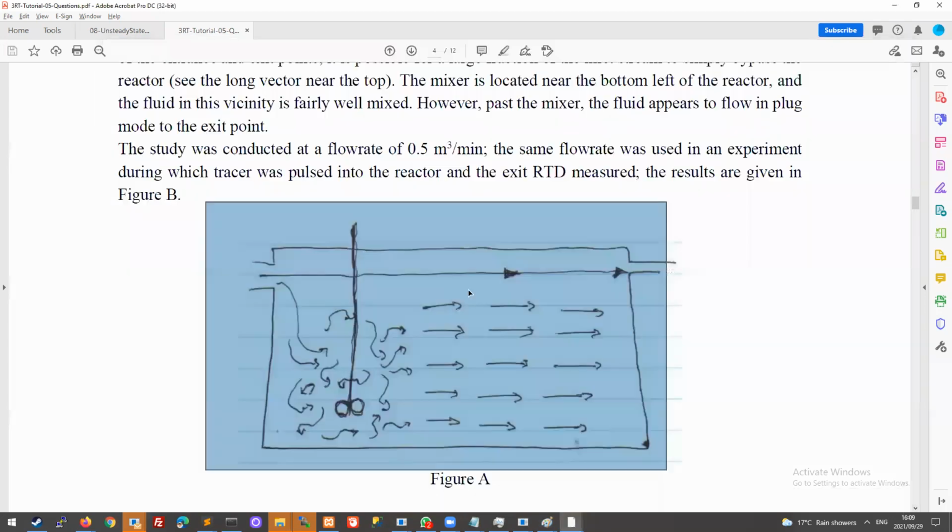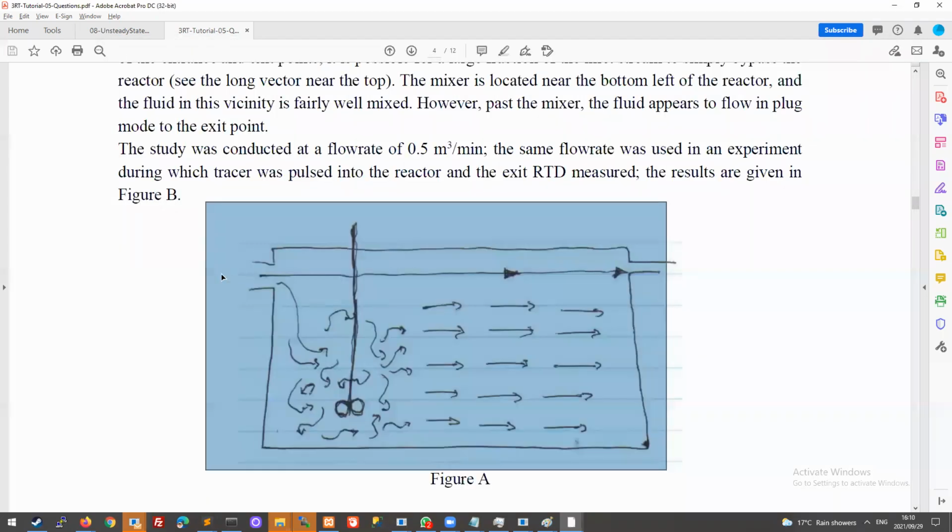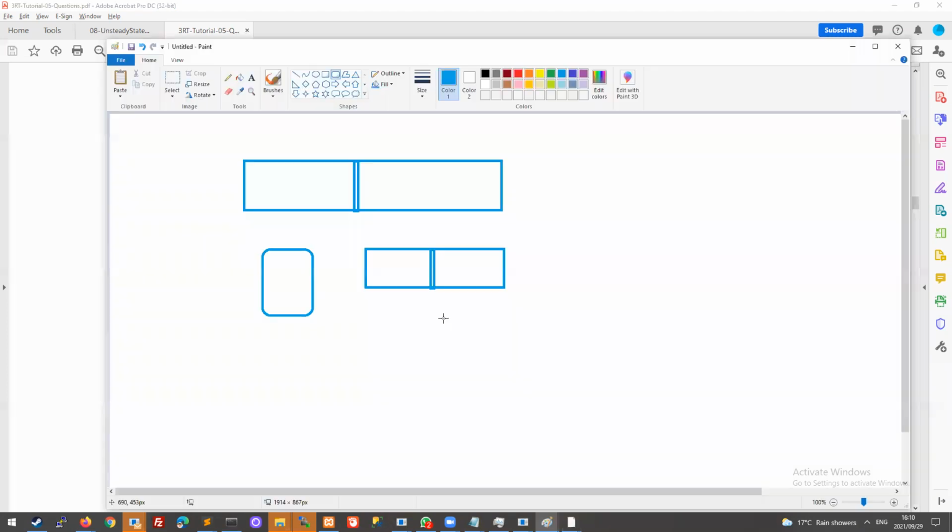And then we can see there's another PFR down here. And then there's a CSTR here. And if we think of it, there's one feed line. So part of that line will go straight through, part is coming down here. And we can think of these two as being in series. So we've got a line here.